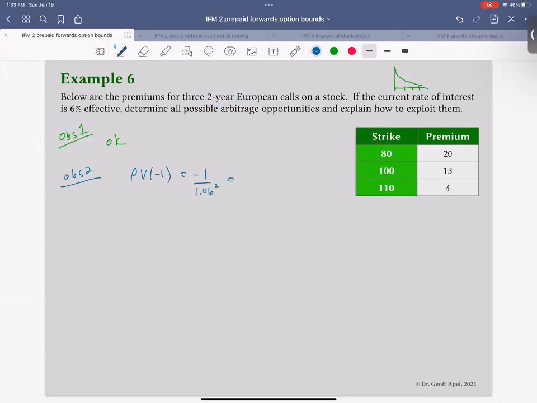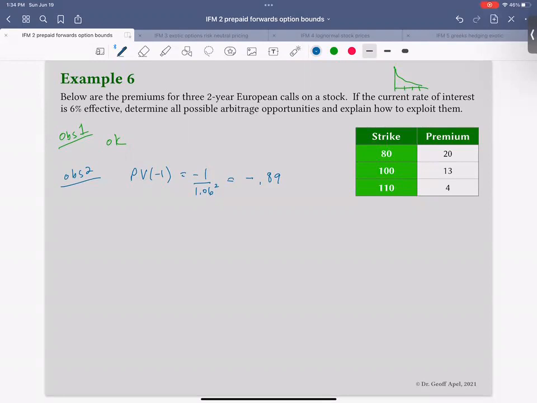Let me see what that is: -0.889996. Maybe I'll just say 89 cents, so -0.89. I'll round it there to keep it simple, which is accurate to about 6 decimal places.